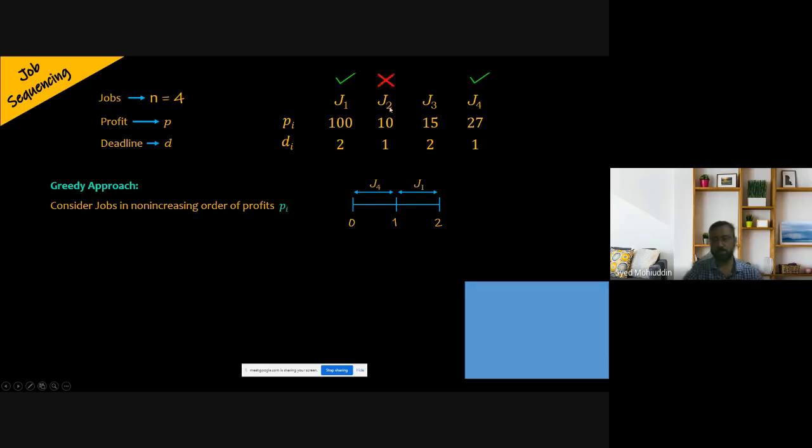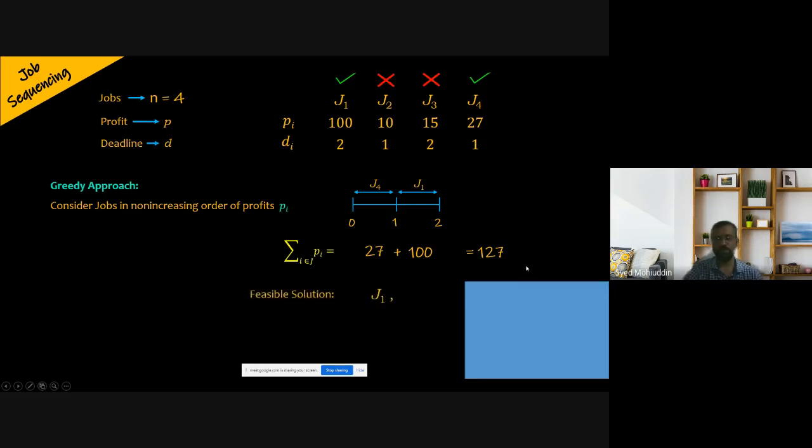J2 now cannot be scheduled because there is no slot available. J3 cannot be scheduled. So the profit earned is the summation of profits of J4 and J1, that is 27 plus 100, which is 127. And this will give us the maximum profit because of the greedy approach which we have used.